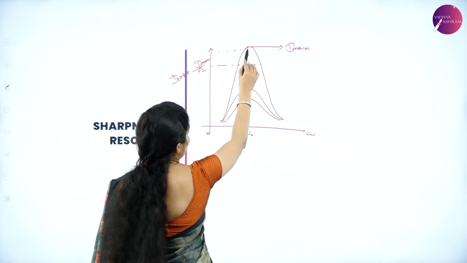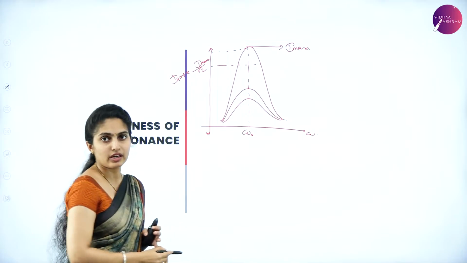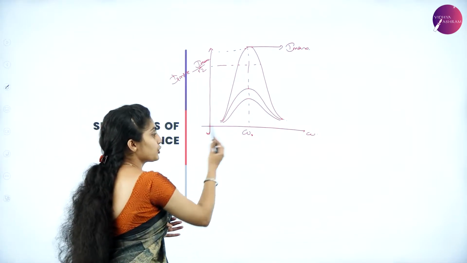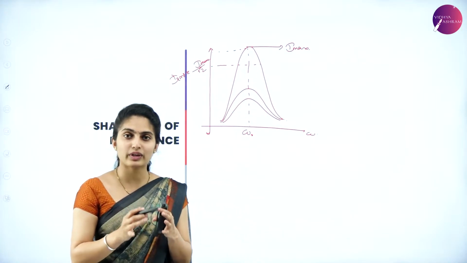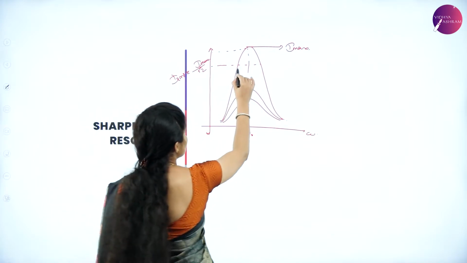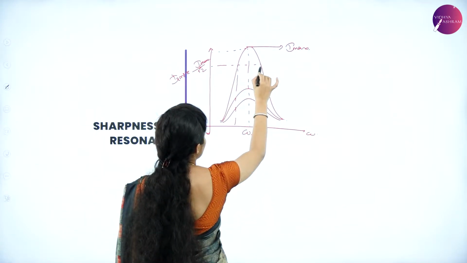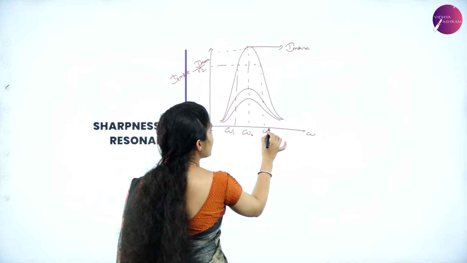The peak point, which vertically falls on the horizontal omega line, gives omega naught. Omega naught is the peak value where exactly the maximum current is identified. Now if you extend the IRMS value horizontally, you get omega 1 and omega 2.